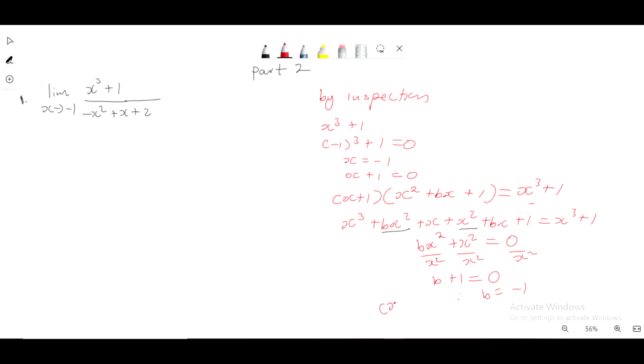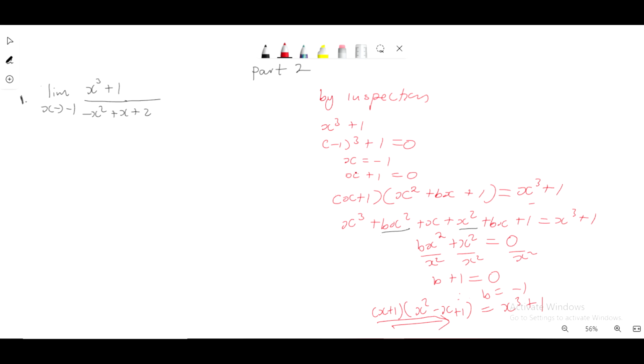So now therefore x plus 1 minus x squared minus x plus 1, you see, is equal to x cubed plus 1, right? This is what we wanted. We wanted these factors, right?